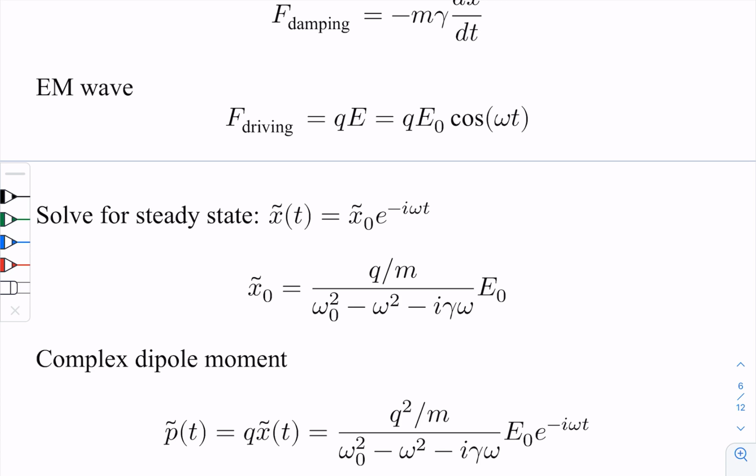So for these electrons, the displacement of the electron will also introduce a dipole moment because the electrons are charged. So this means that we actually calculate how the dipole moment behaves as a function of time.